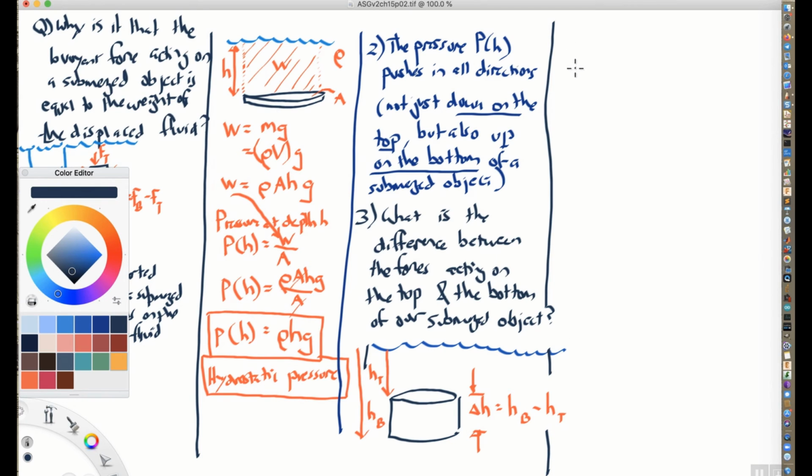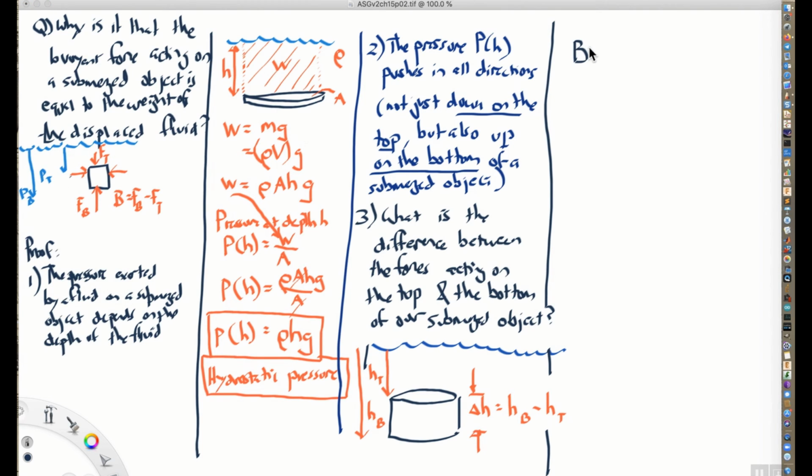Well, we want to find the total buoyant force acting on this object. The total buoyant force is going to be equal to the force that's pushing up on the bottom minus the force that's pushing down on the top. That's what we said over here. The buoyant force, that's a net force, is equal to the difference between the forces on the bottom and the force on the top.